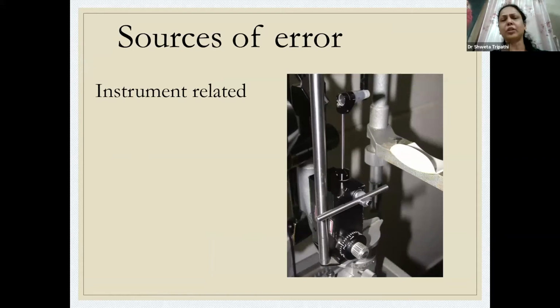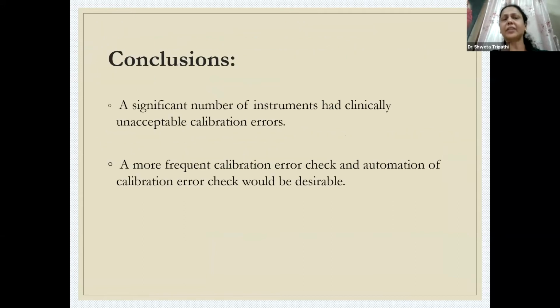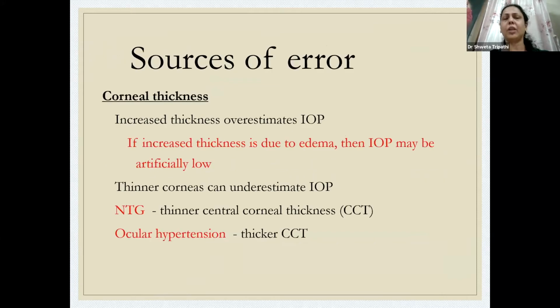For instrument related sources of error, we all know calibration is required from time to time, because the literature says that a significant number of instruments had clinically unacceptable calibration errors, which may lead to error in recording the pressure, where each and every millimeter counts. Especially when we talk about corneal thickness, we know that increased thickness overestimates intraocular pressure when measured by GAT.